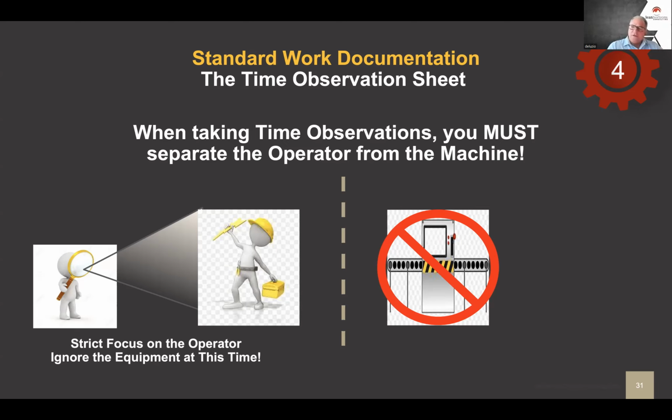Loading the part is a step. Closing the door to the machine and hitting cycle start is a step. All these different things I'm breaking down, but my focus is still on the operator at this point, not on the machine. I'm not timing the machine and adding machine times and cycle times together. And that's what people do, and they get really confused on this. So this whole concept of separating the operator from the machine is a very important concept.